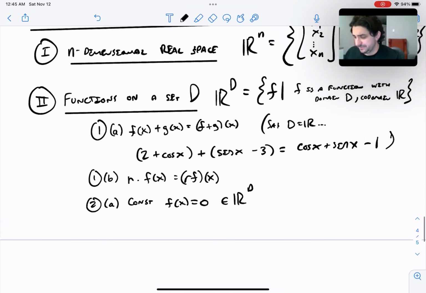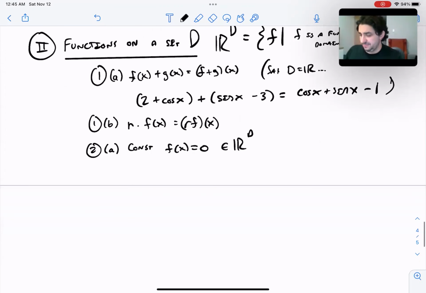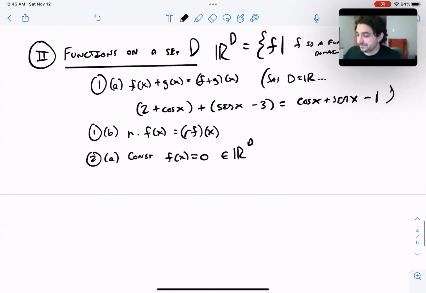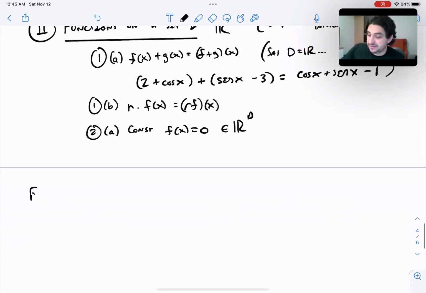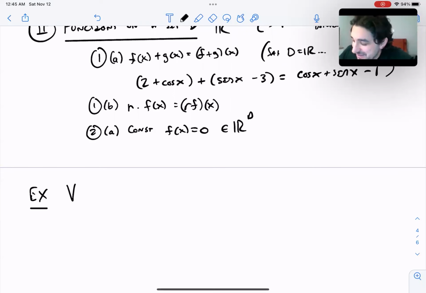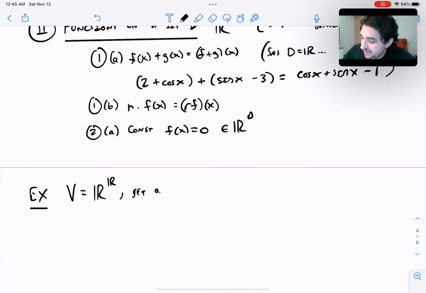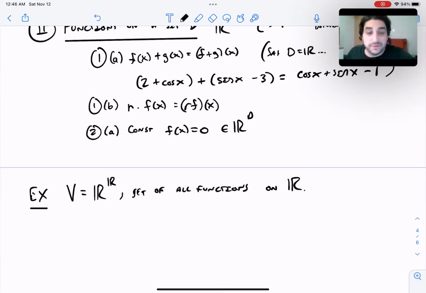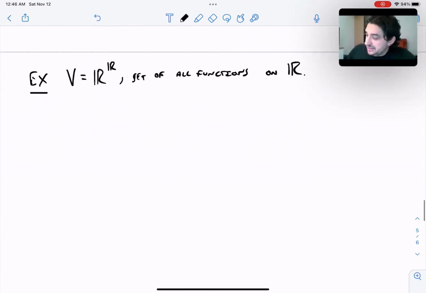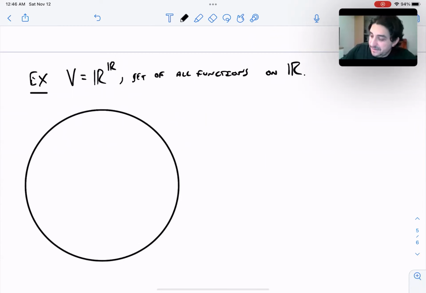Now, what would be an example of a subspace? So let me look at another on this function vector space, because this is a very, very important example. So here is V. Let's say V is the set of all functions that are defined on the whole real number line. So V is this massive, massive set of all functions defined on the real number line.